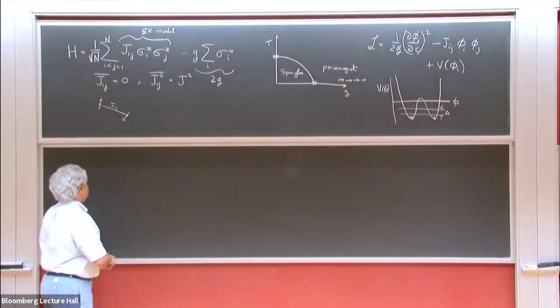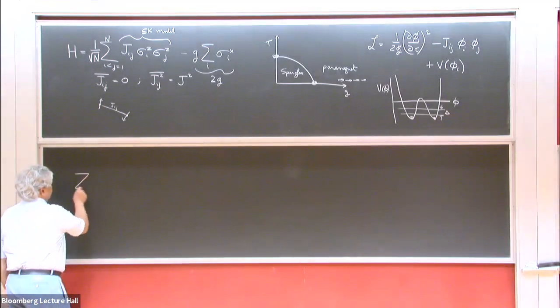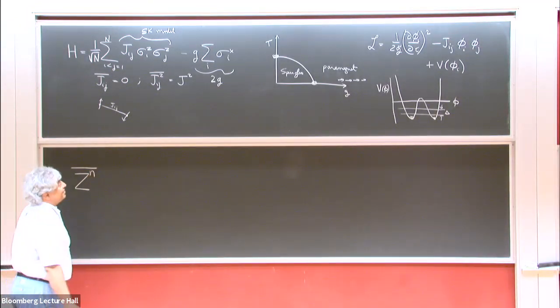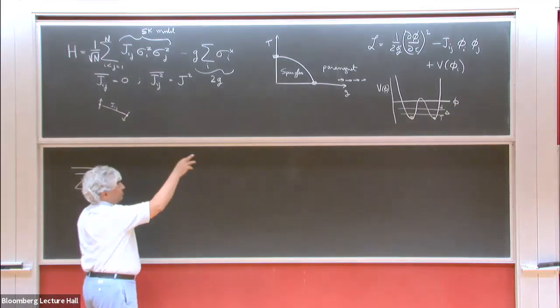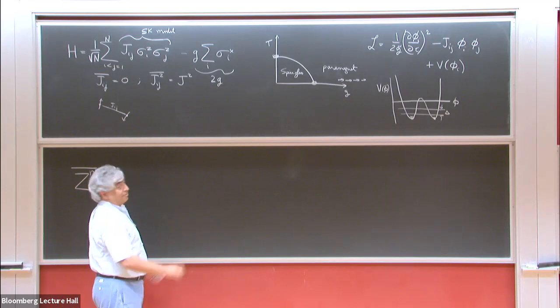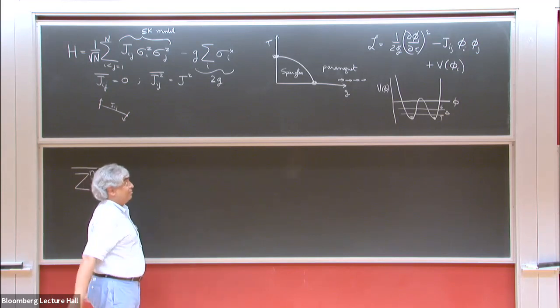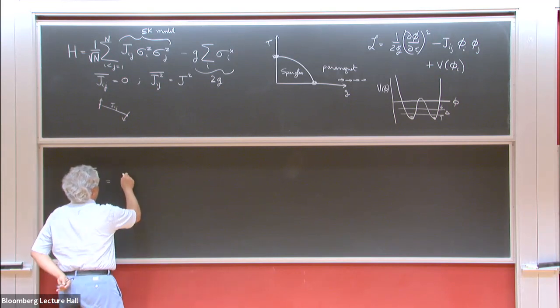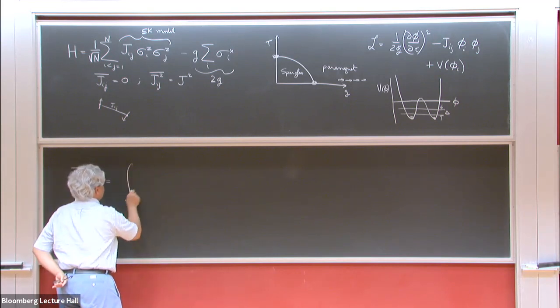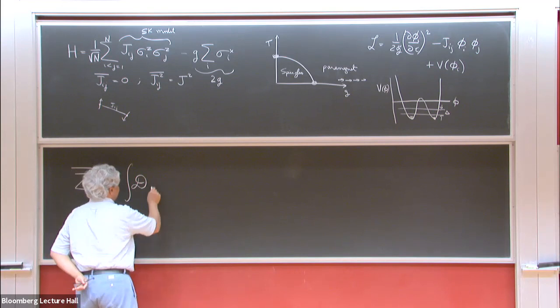So you set up the usual path integral where you take Z to the nth power, and then you average it. You end up getting a path integral over all the spins. Then you do the usual Hubbard-Stratonovich decoupling, which I'll just go ahead and do, and you end up with the following problem. Again, I'll be very schematic.